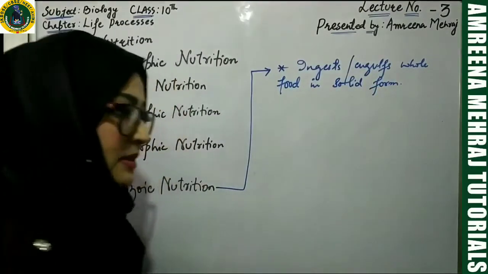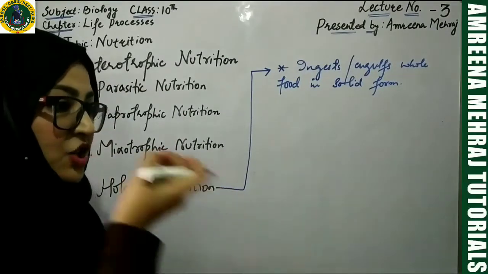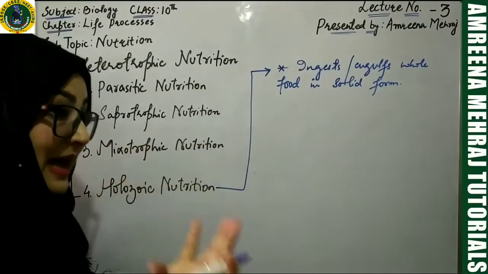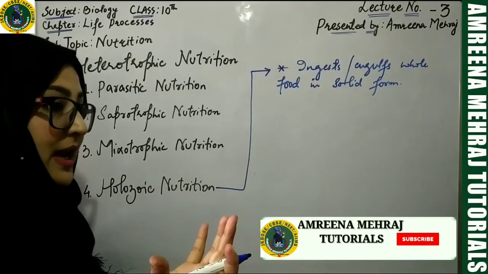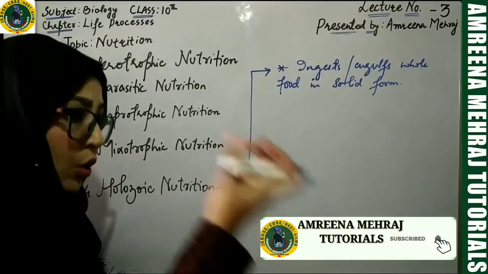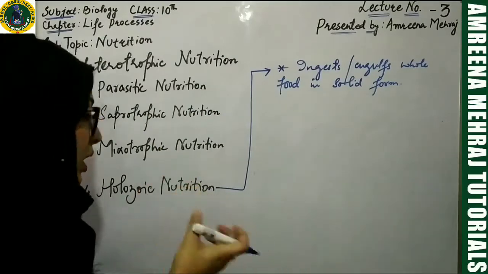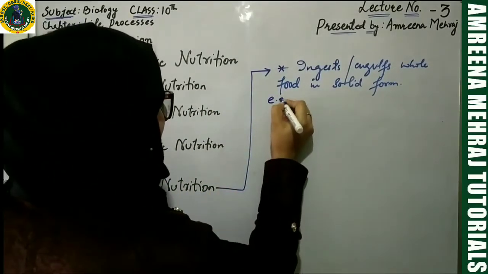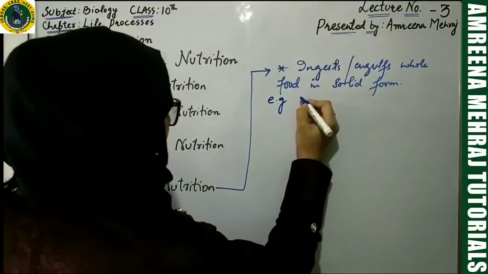So the organism here is basically ingesting the food. The organism is engulfing the food. That type of nutrition in which an organism is engulfing whole solid food is called holozoic mode of nutrition. For example, let me give you an example. Relevant examples I'll give you.